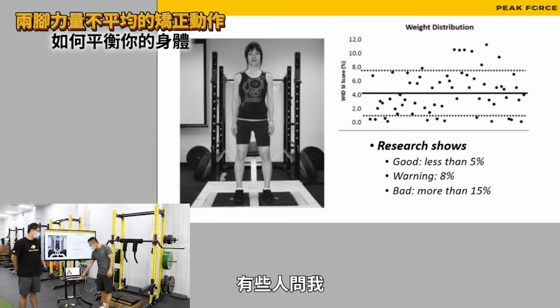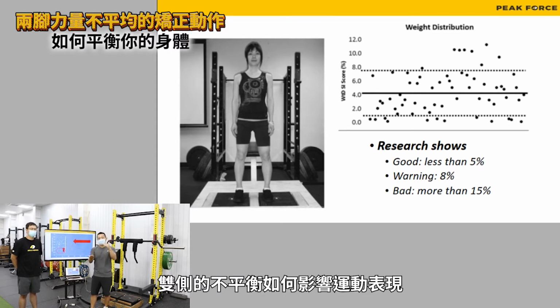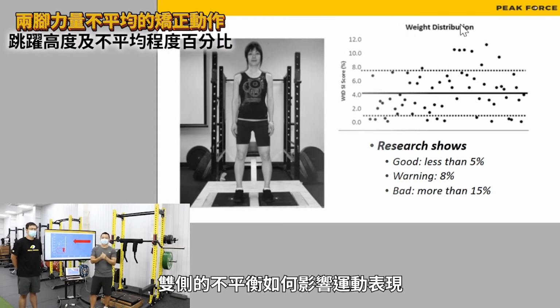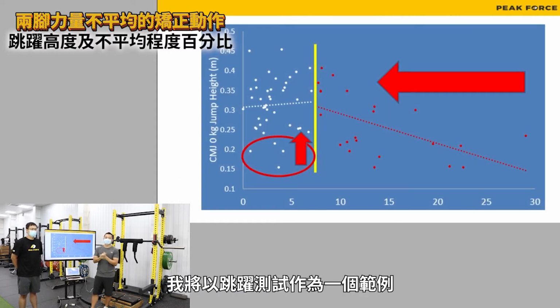I had some people asking questions about how that asymmetry really influences performance. So I'm going to use one example from the jump testing.